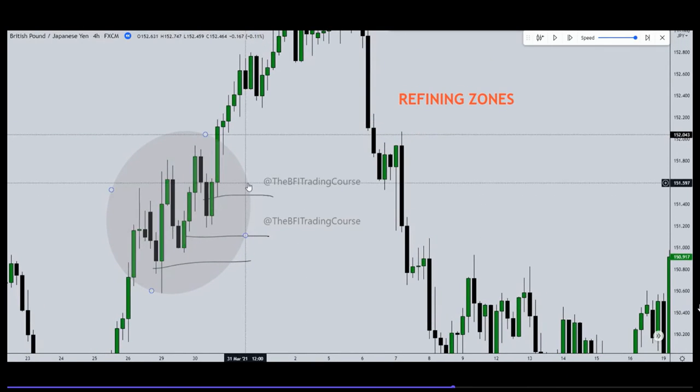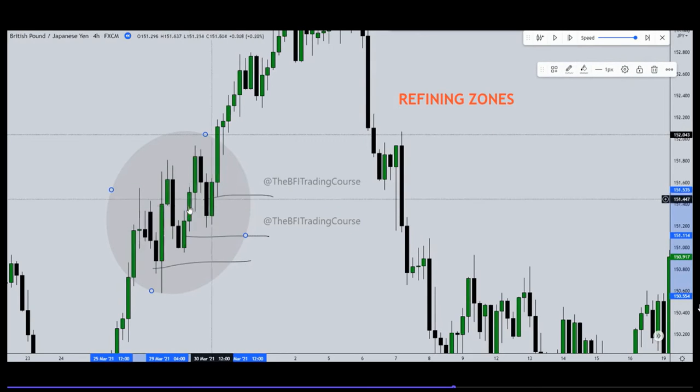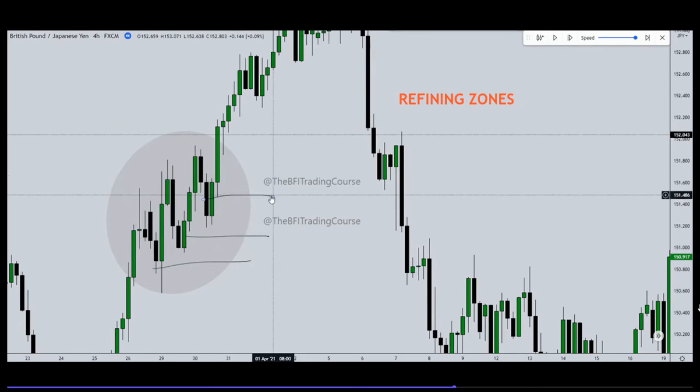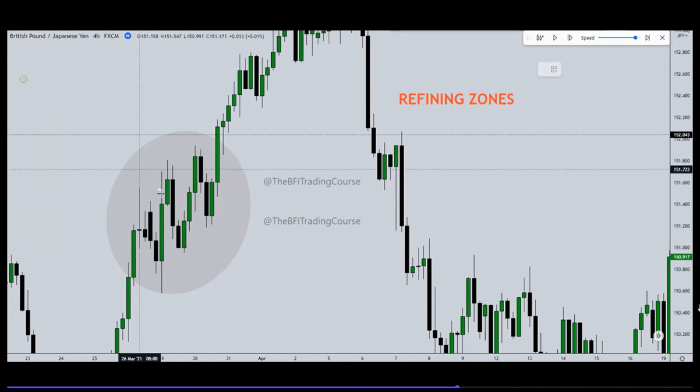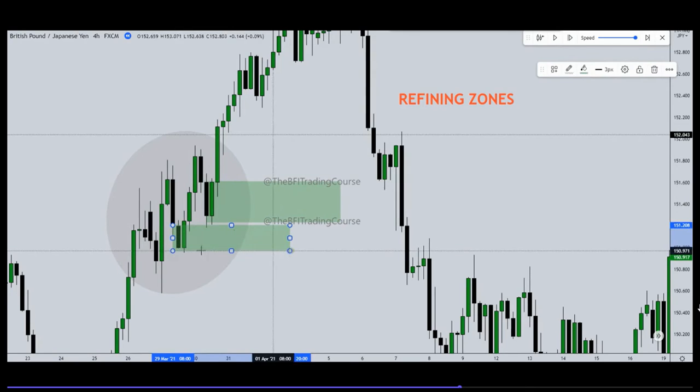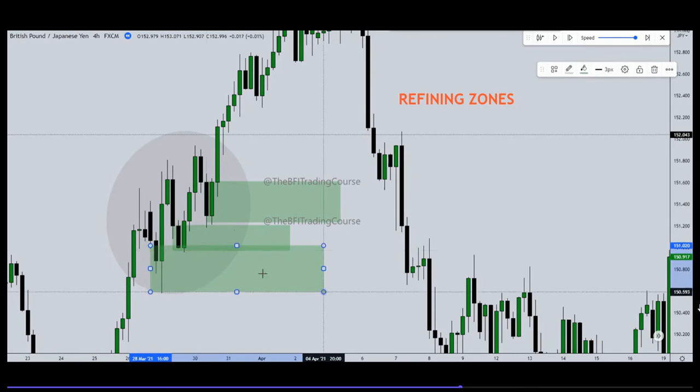We have a cluster of candles over here. Now, when do you want to use the volume to refine a zone? When you have a zone like this that's maybe a basing zone that maybe has too many ranges. Here's a range and here's another range, and maybe here's another range.